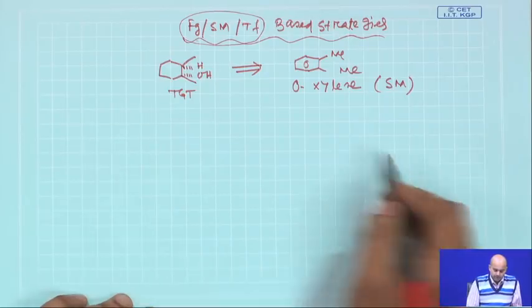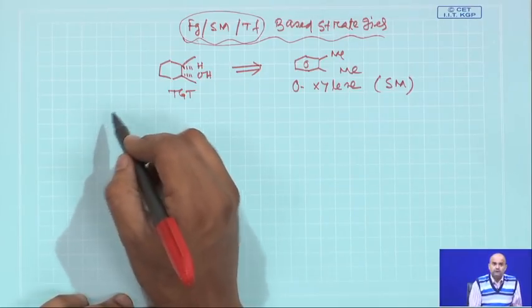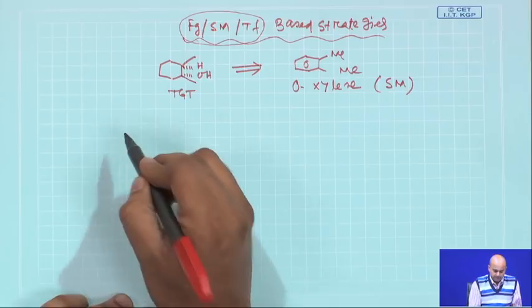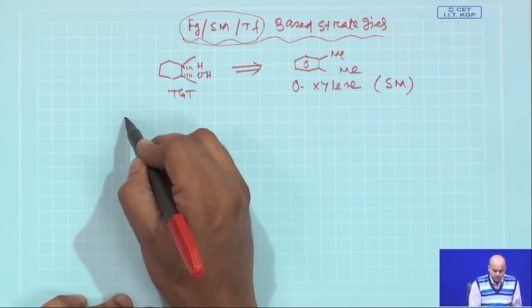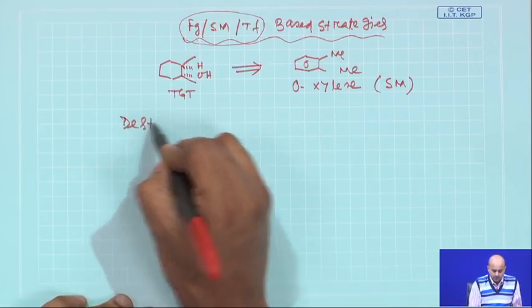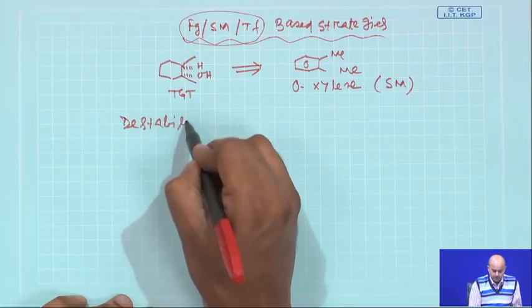So, in synthetic transformations, how many reactions can you name which basically destabilize the aromaticity of a given aromatic nucleus?